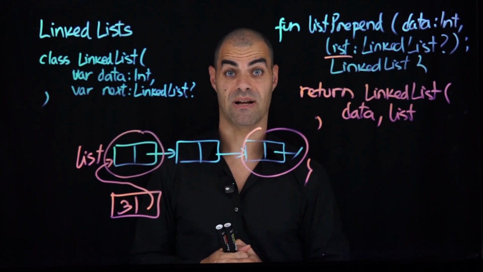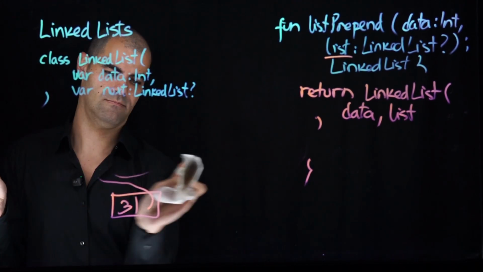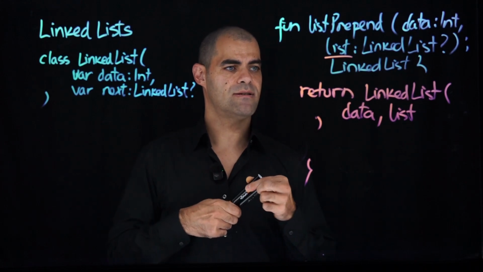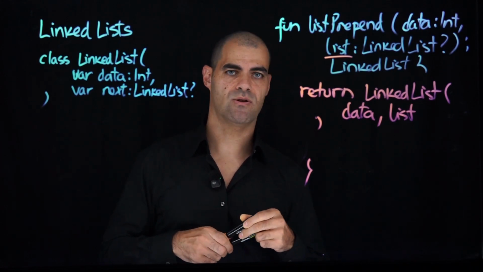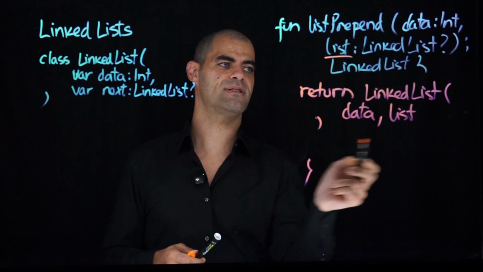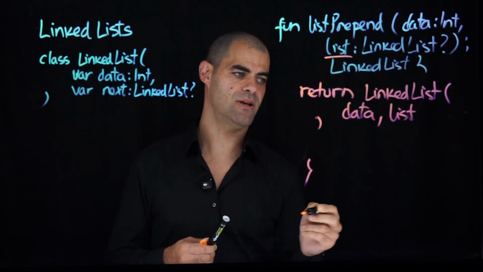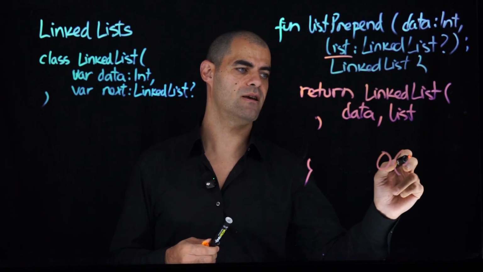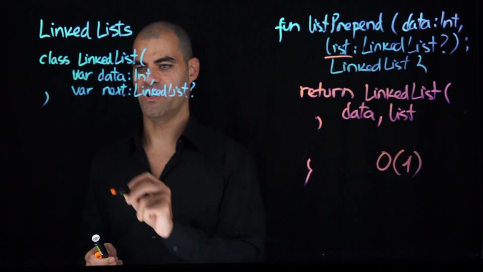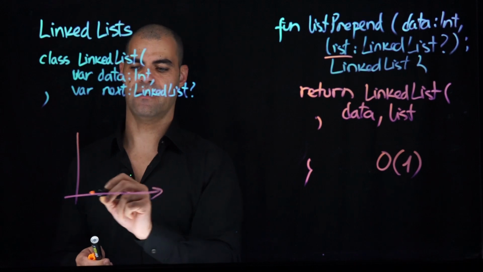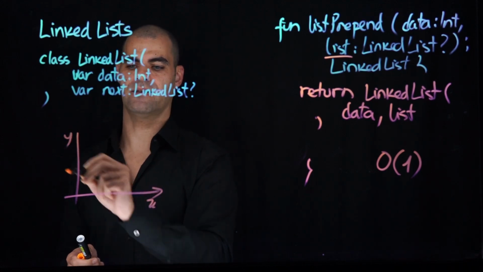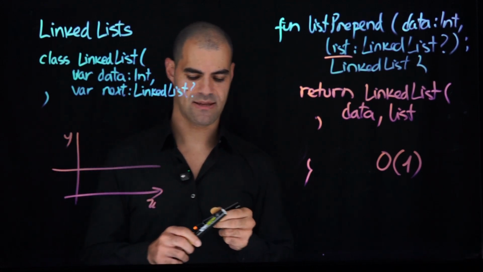that this is much faster. So in this case, what we have here is what's called constant time. This algorithm executes in constant time. This is represented by saying that it's O(1), which would be a graph like this, X and Y, it would be something like this.